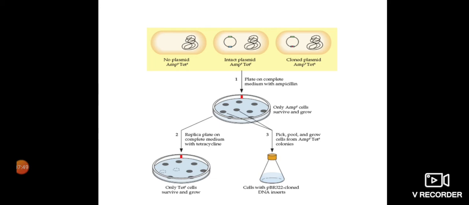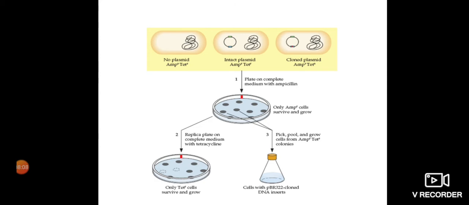Sometimes vectors can also ligate by themselves, which I discussed in earlier classes. So here the second cell, you can see, has got the vector, not the recombinant vector, the vector which got ligated by itself. So it has both ampicillin resistance as well as tetracycline resistance.